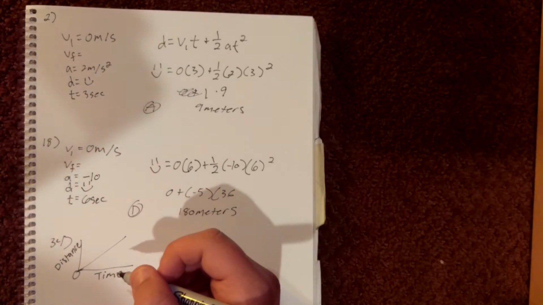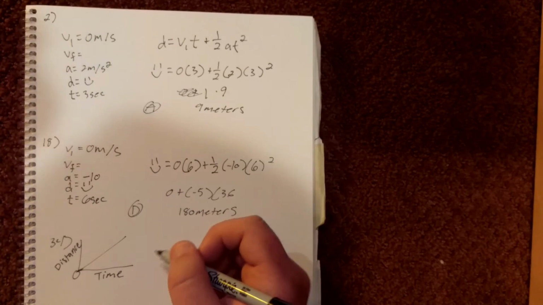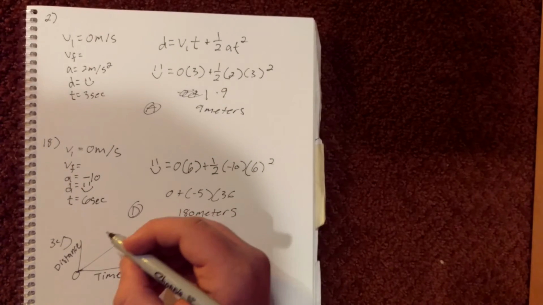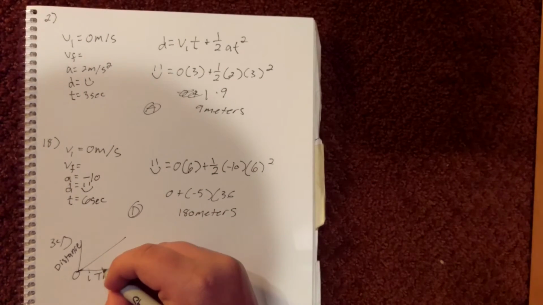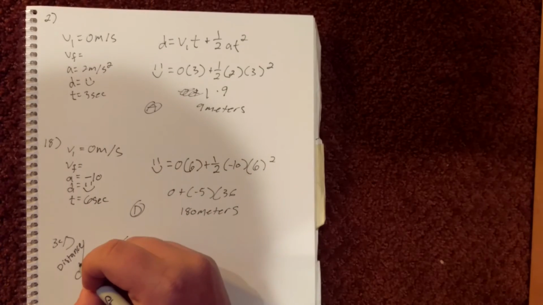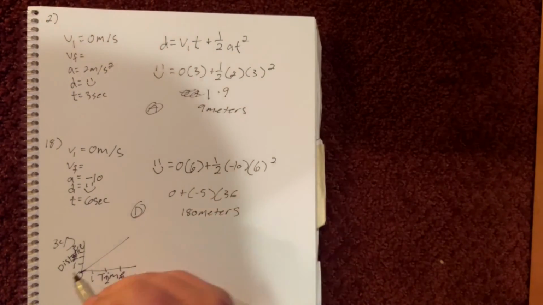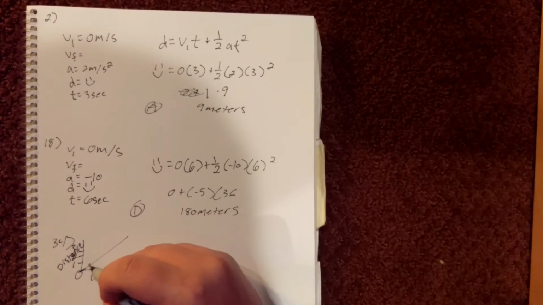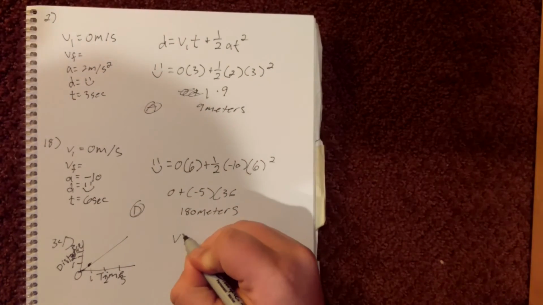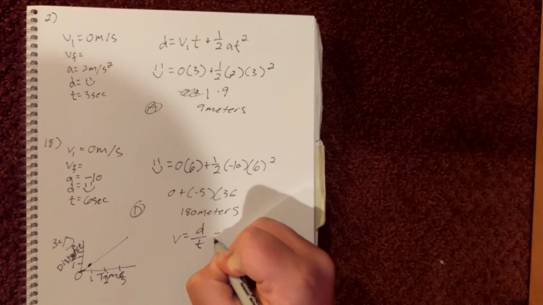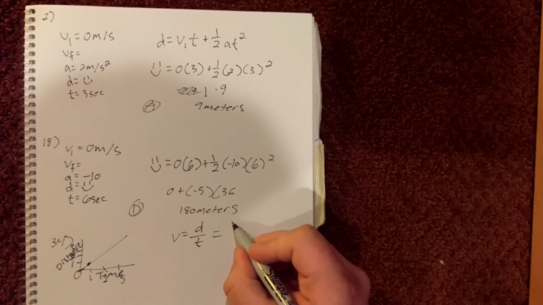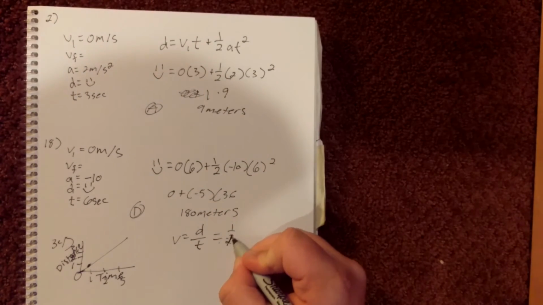Again, C says the car is moving with a uniformly increasing velocity. So let's talk about this. I'm just going to label this 1, 2, 3. All right, so this is a straight line. At 1, 1, velocity equals distance over time, right? So 1 over 1. Oh, that's a 2, this should be a 1.